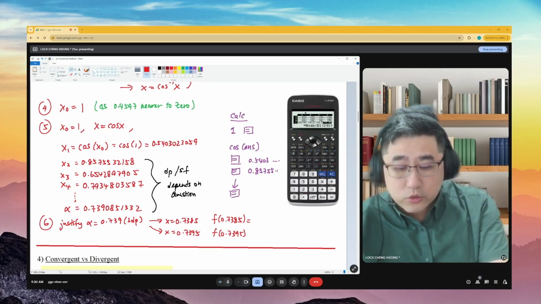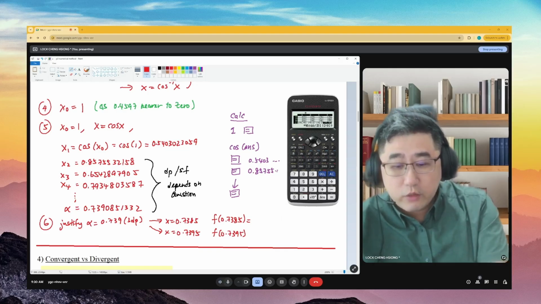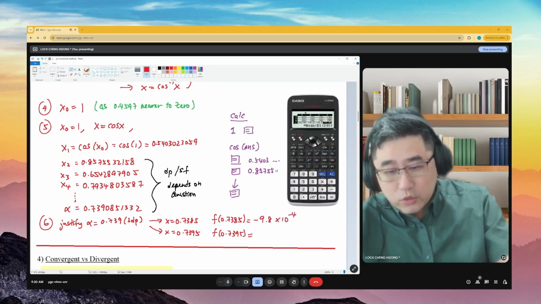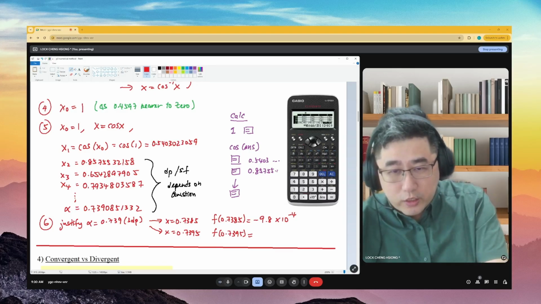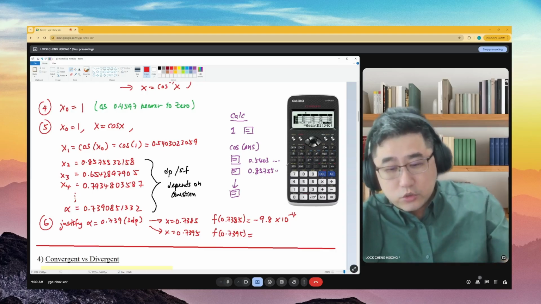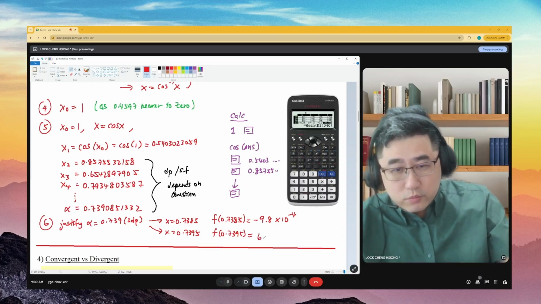So calculate 0.7385, and you have negative 9.8 times 10 to the negative 4. Calculate 0.7395, and you have 6.9 times 10 to the negative 4.